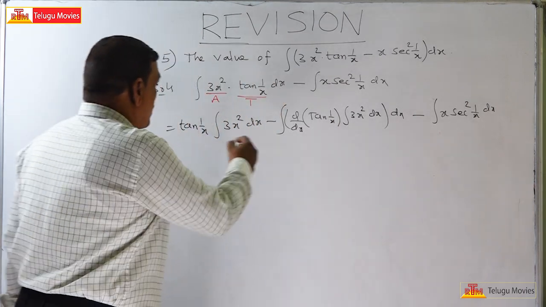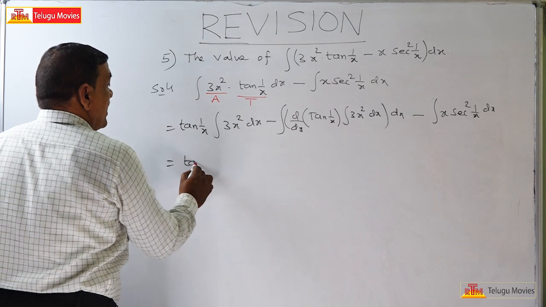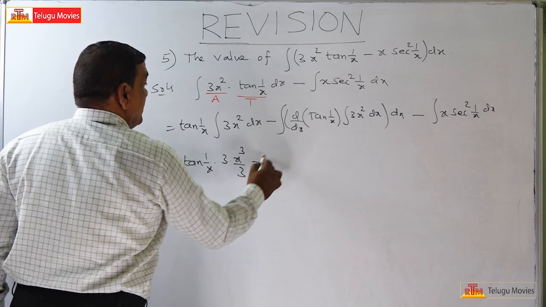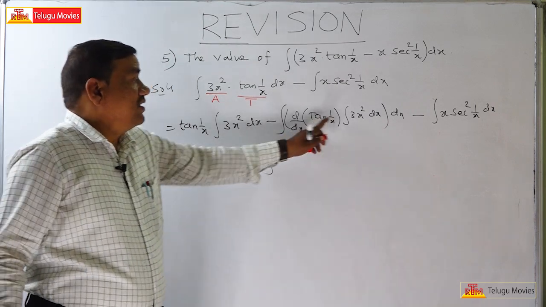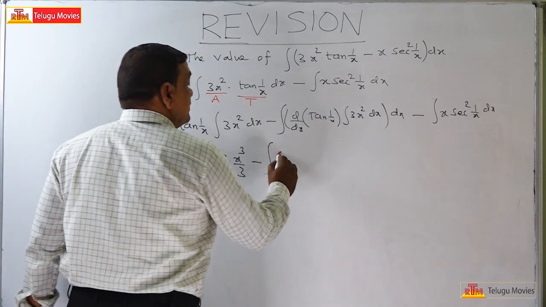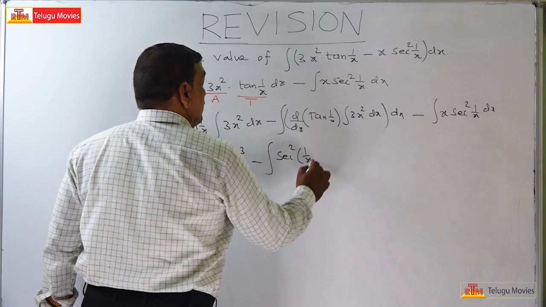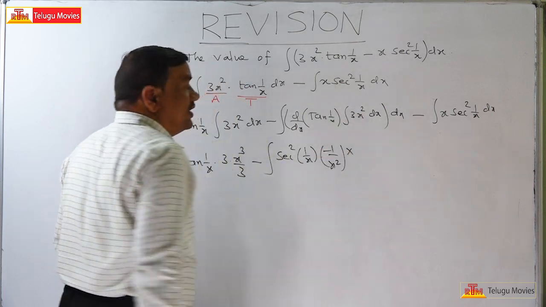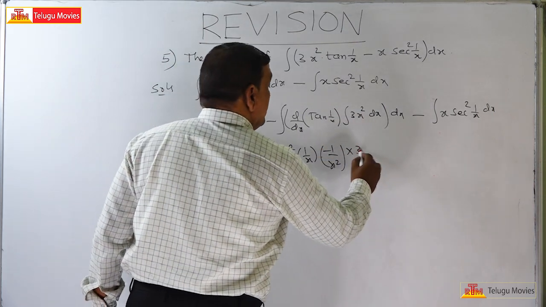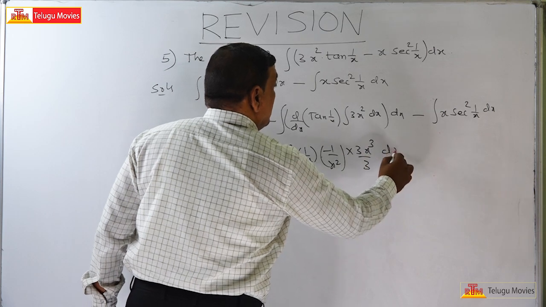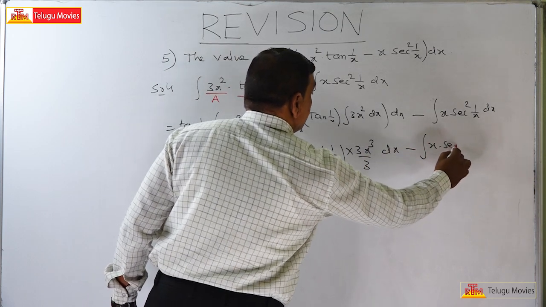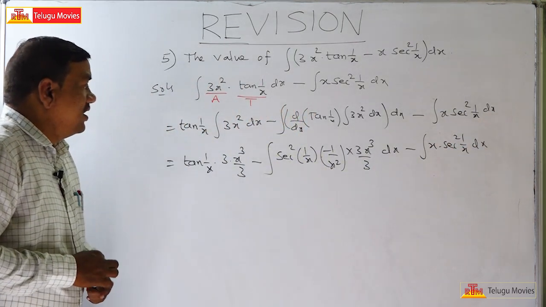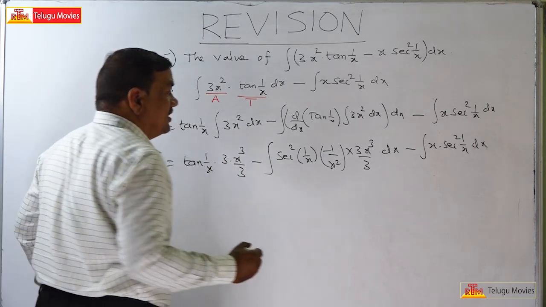So this is equal to tan of 1 by x into 3 into x cube by 3 minus, tan x derivative is secant square x, that is secant square 1 by x, again 1 by x derivative minus 1 by x square, into integral of 3x square, 3 into x cube by 3, dx minus x into secant square 1 by x dx. Is there any more cancellations? Yes.